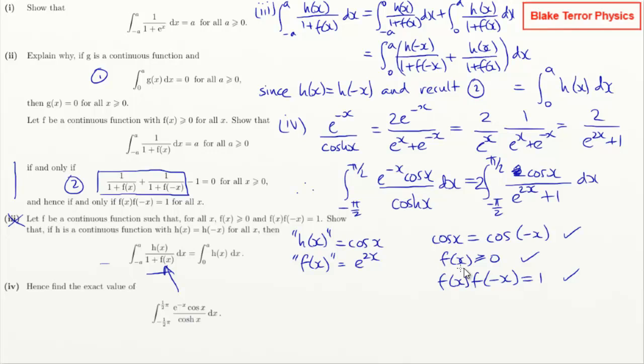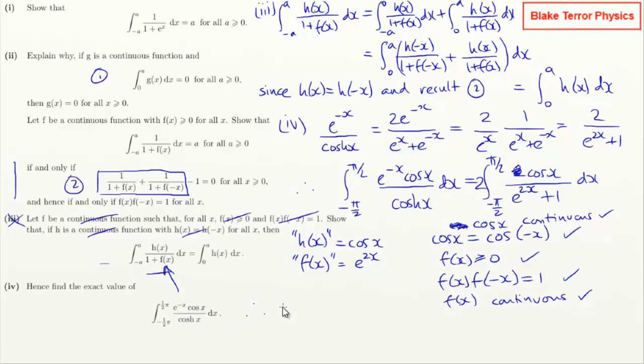Okay. Oh, I need both of these to be continuous as well, don't I? So I also need cos x continuous. So that is fine, tick. f of x is continuous. So that is fine. So I've got continuous, continuous, greater than 0, multiply to 1, and have that symmetry. So yeah, they've met all of the criteria, so that is fine.